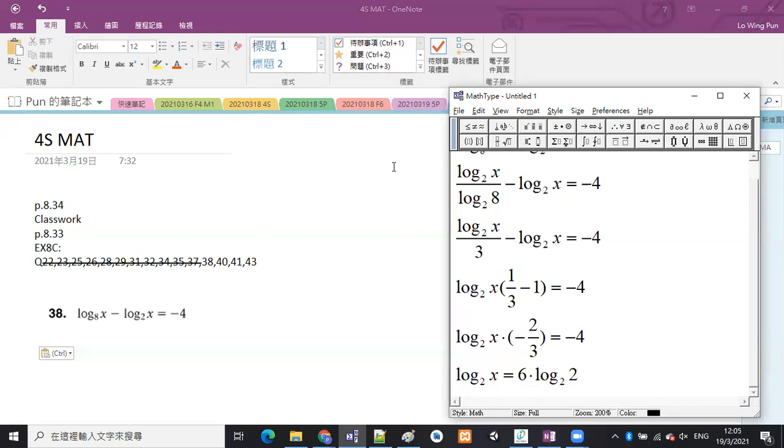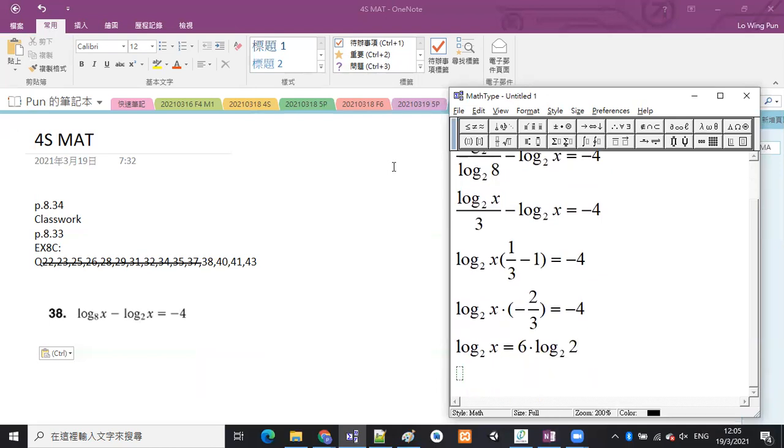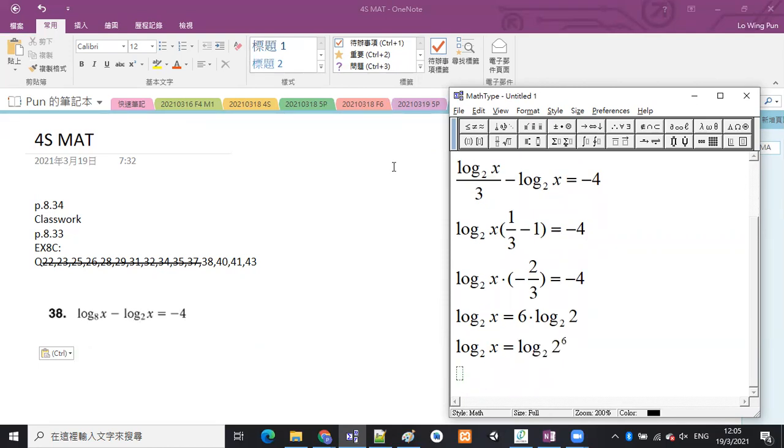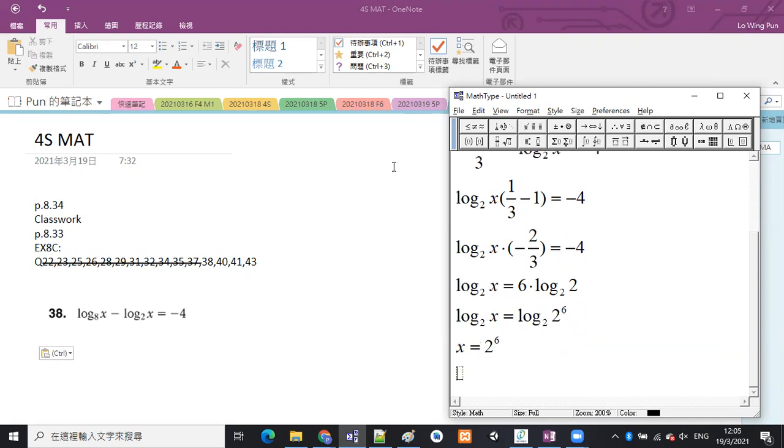Okay, log 2 base 2, and then we will move the 6 back to the index of the log. So it is like this, log 2 to the power 6, right? And now we may delete the log. So x should be equal to 2 to the power 6, where x should be 64. Am I correct? Yes.